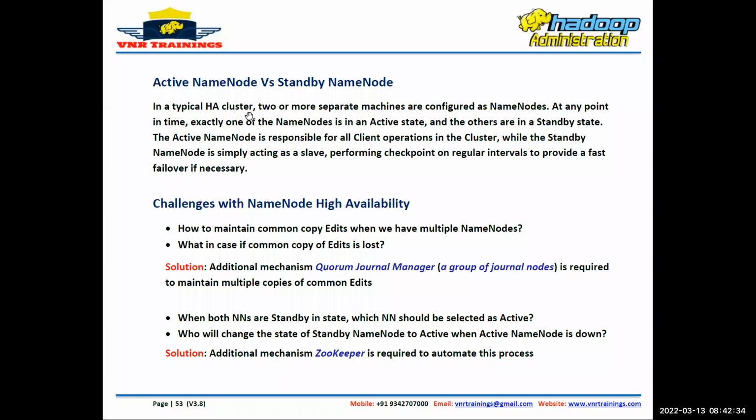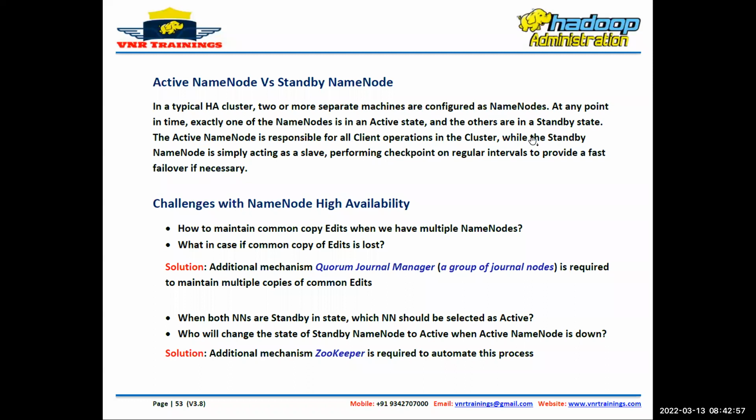In a typical HA cluster, a highly available cluster, two or more separate machines are configured as name nodes. At any point of time, exactly one name node is in active state, others are in standby state. The active name node is responsible for all client operations in the cluster. Client operations means executing any commands.